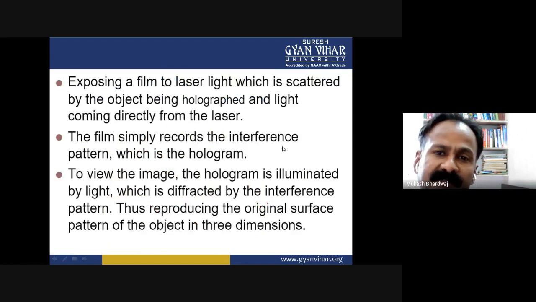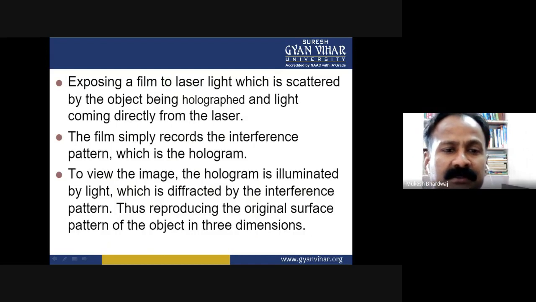A film is exposed to laser light which is scattered by the object being holographed, and to light coming directly from the laser. The film simply records the interference pattern, which is the hologram. To view the image, the hologram is illuminated by light, which is diffracted by the interference pattern, thus reproducing the original surface pattern of the object in three dimensions.